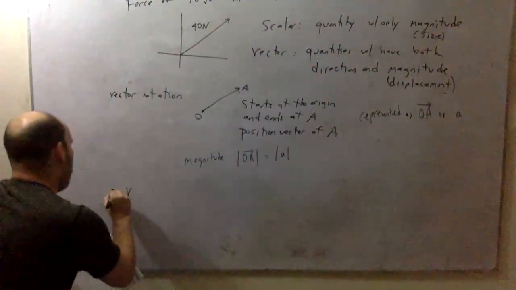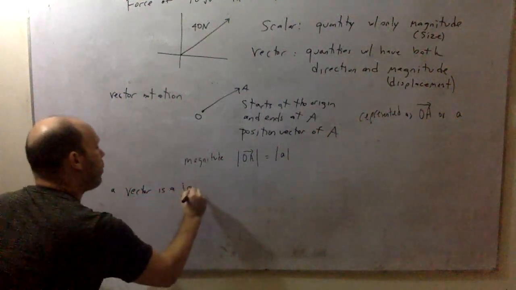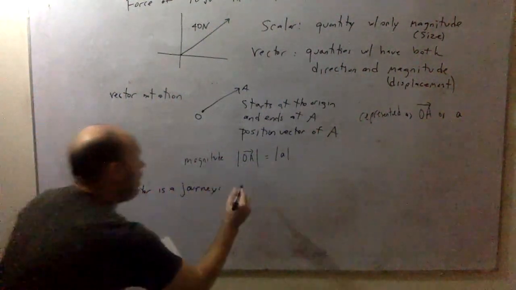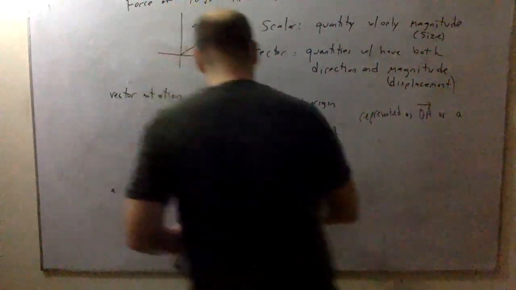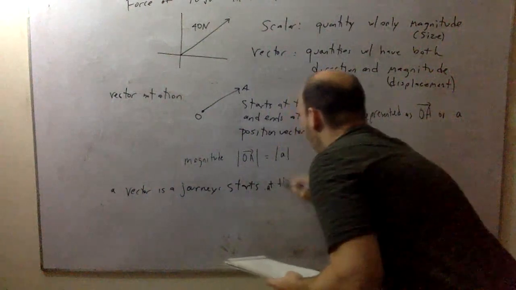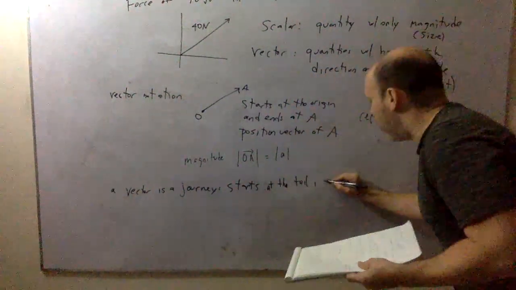A vector is a journey. It starts at the tail and ends at the tip.